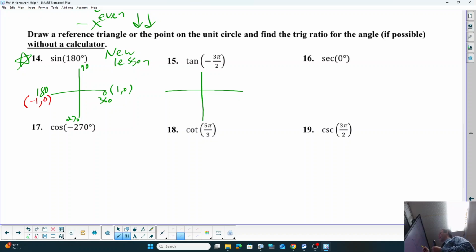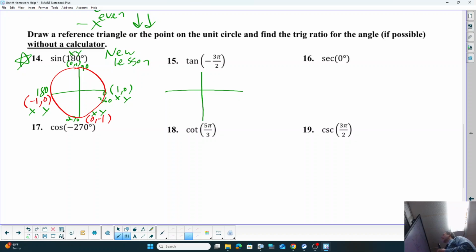This is for our circle. Then down here would be 0, negative 1. And up here would be 0, 1. And these are x and y's, right?